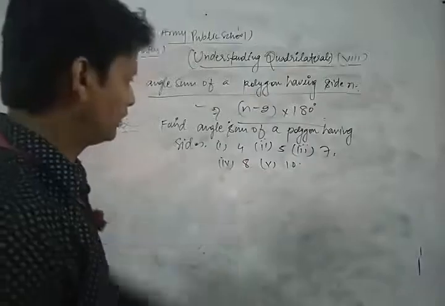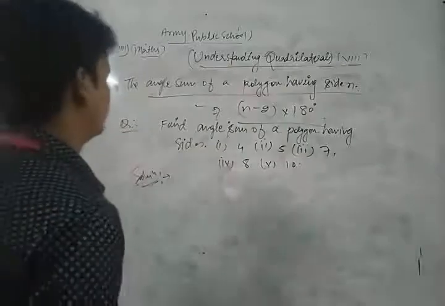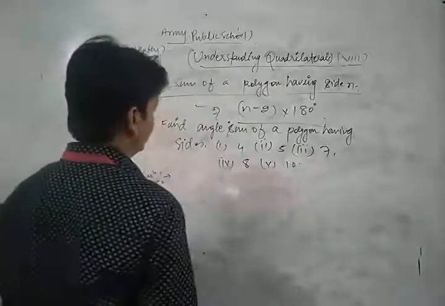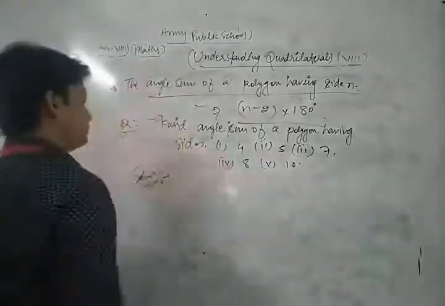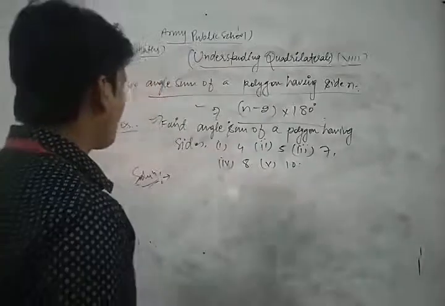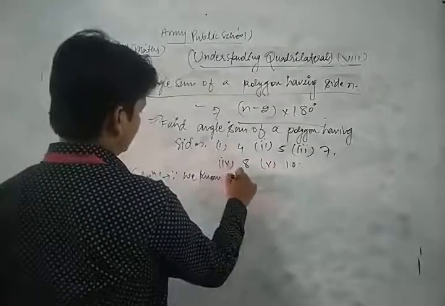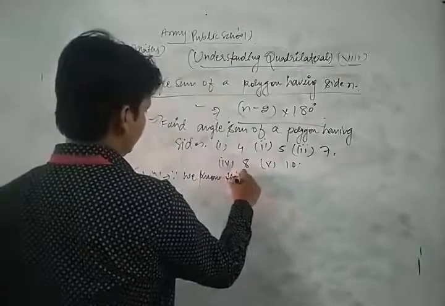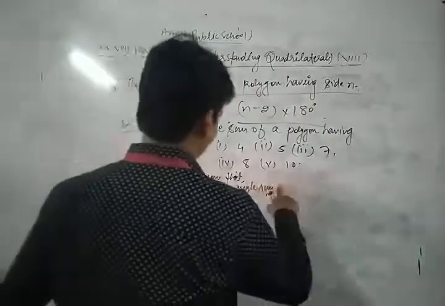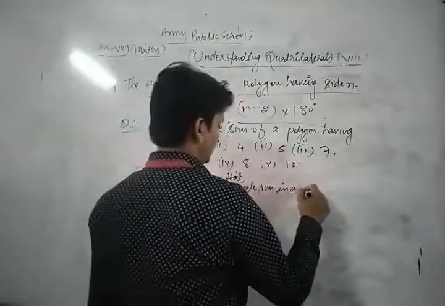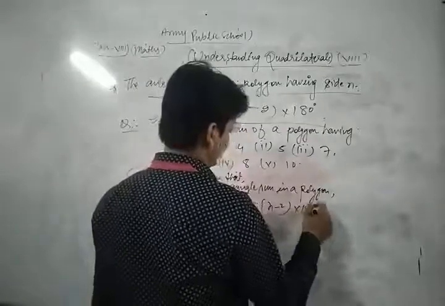Now we solve these questions. Since we know that the angle sum of a polygon is (n minus 2) into 180.